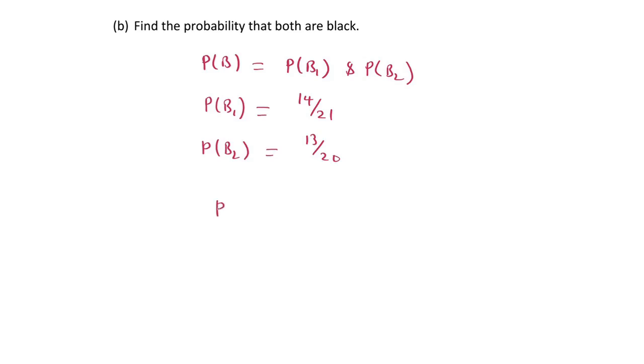Next, we are going to take the product of these two probabilities in order to find the probability that both balls are black. So we are going to have 14 over 21 times 13 over 20, of which after solving the values we are going to have 13 over 30, and this is the probability required.